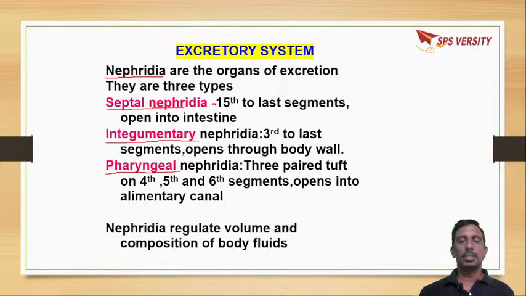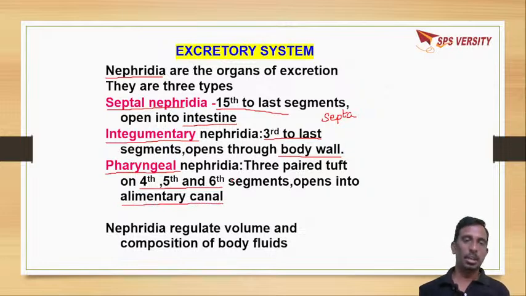Septal nephridia are from the 15th to the last segment, which open into the intestine and are present on the septa, that is, between the segments. Integumentary nephridia are present from the 3rd to the last segment, which open through the body wall. Pharyngeal nephridia, there are 3 pairs, on the 4th, 5th and 6th segment, which open into the alimentary canal.